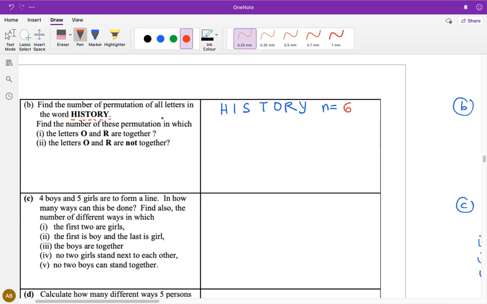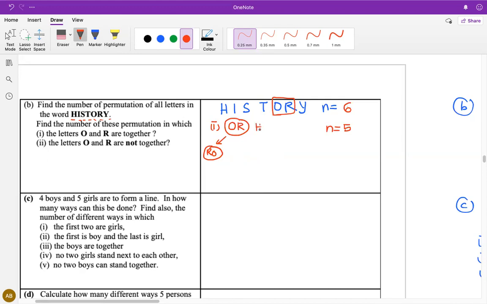Find the number of permutations in which the letters O and R are together. That means we can consider O and R together, but remember it can be OR or RO. If O and R are together, then our n is now only 6.